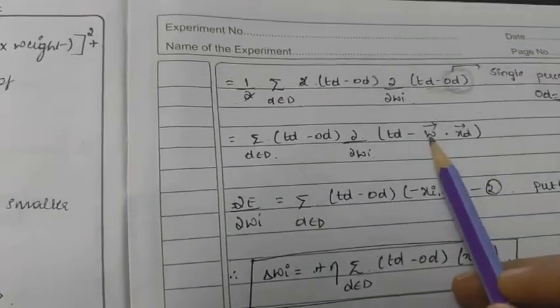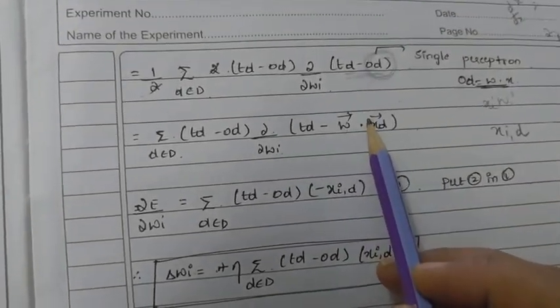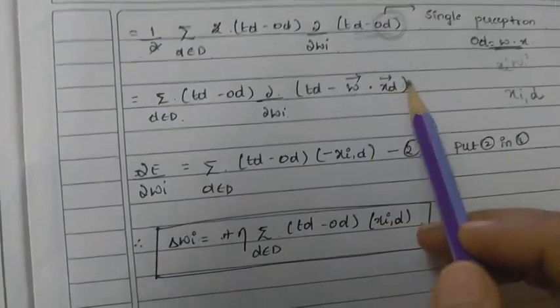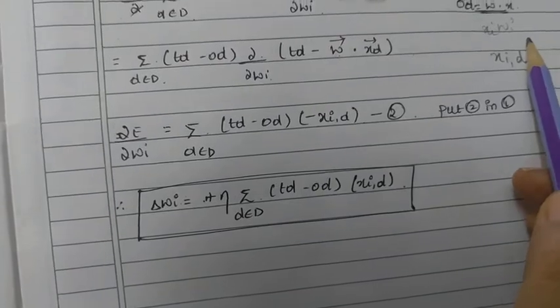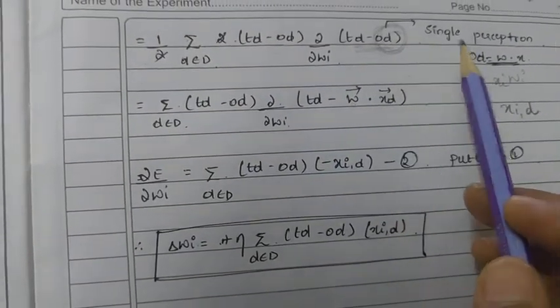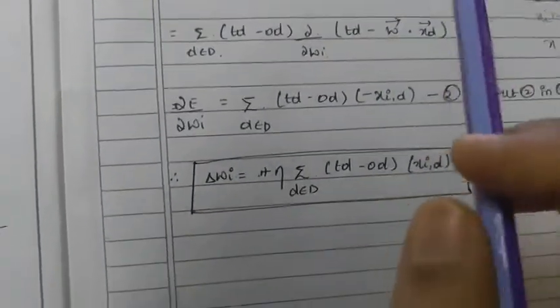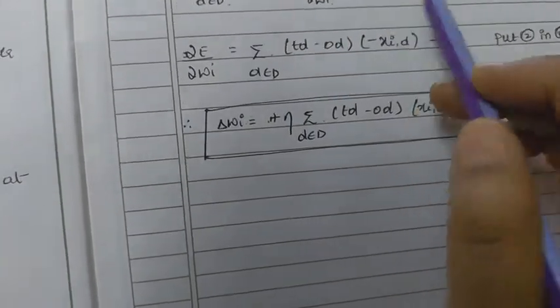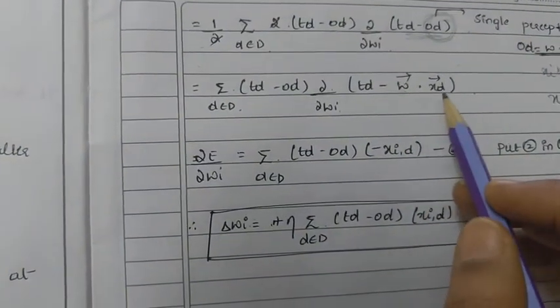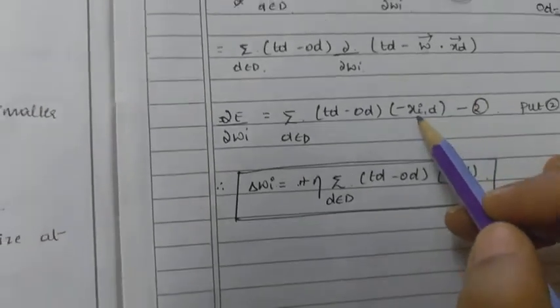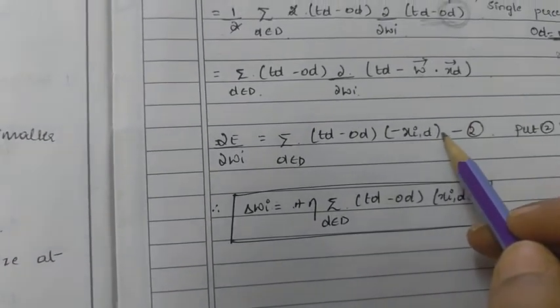So I will substitute here w vector dot x vector. This is a multiplication of an input and a weight, and it gives my predicted value, or single perceptron value. So I have substituted here. With still more simplification, w vector into x vector gives minus xid.